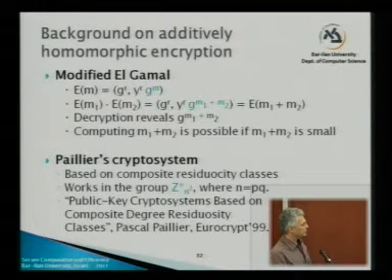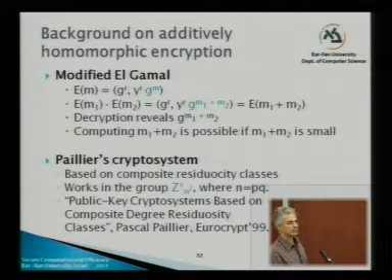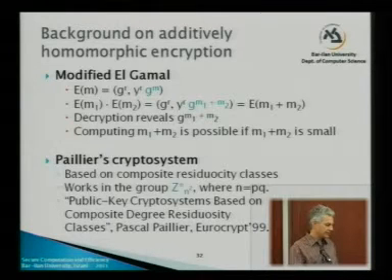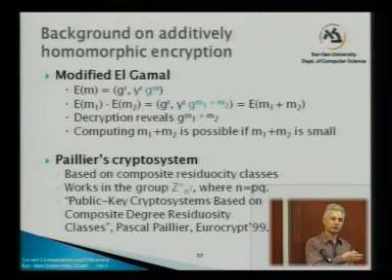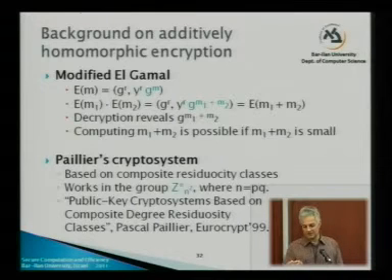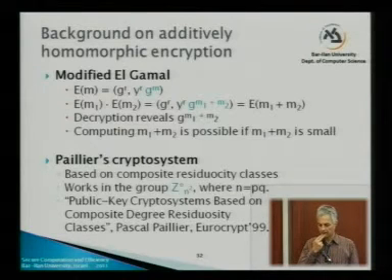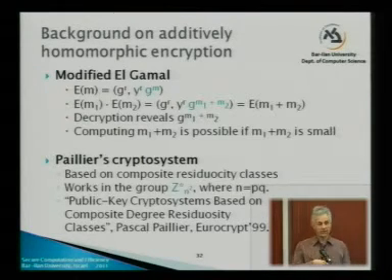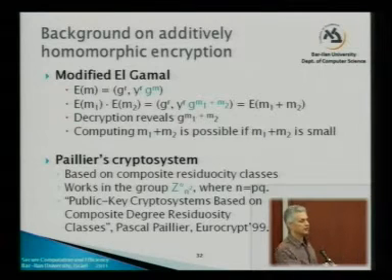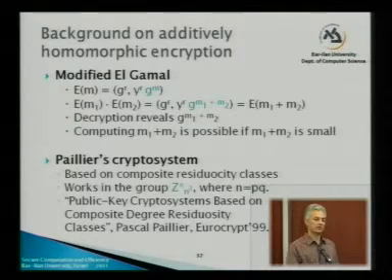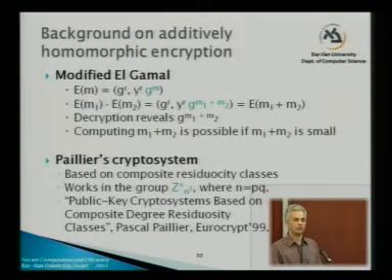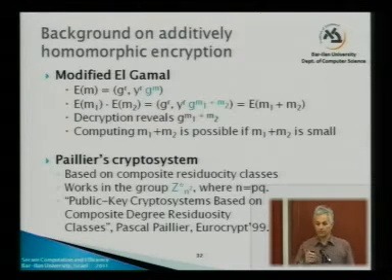It works in the group Z_n squared star, namely in the residuosity class modulo n squared, where n is an RSA modulus. I won't go into details, but it's a widely known and used encryption scheme, which is additively homomorphic.